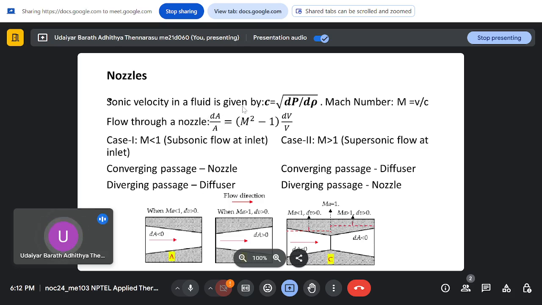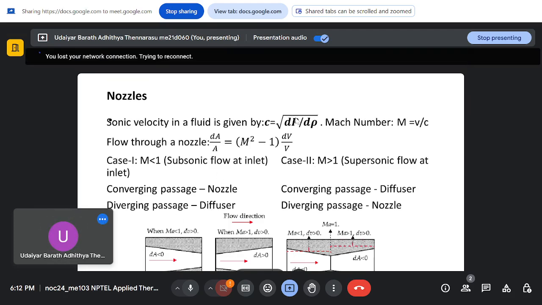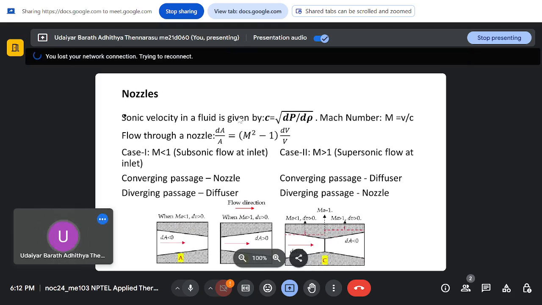So dA should be less than 0 if you need higher velocity at the exit. So when you are in subsonic flow, the converging passage will give you a nozzle that is increasing in velocity, and diverging passage will give you a diffuser. That will reduce your velocity and increase your pressure.